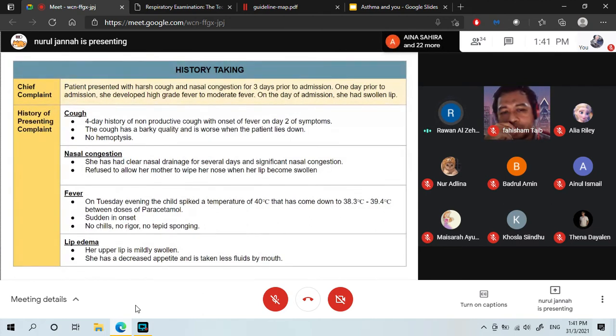The cough has a barking quality and is worse when the patient lies down. No hemoptysis. For nasal congestion, she had clear nasal drainage for several days and significant nasal congestion. She refused to allow her mother to wipe her nose on the last day before admission.